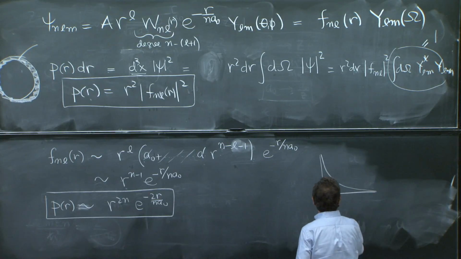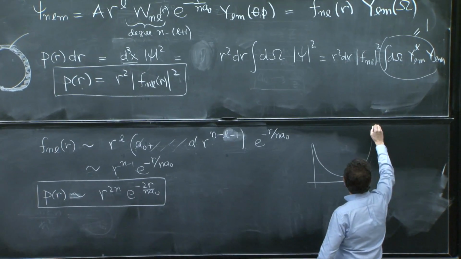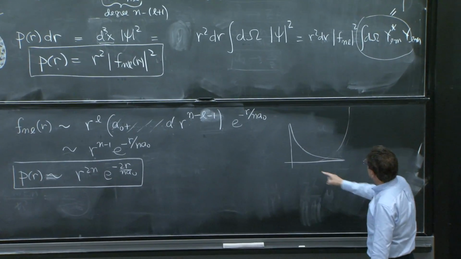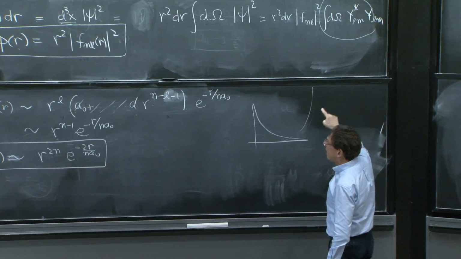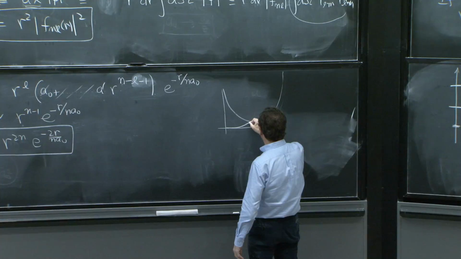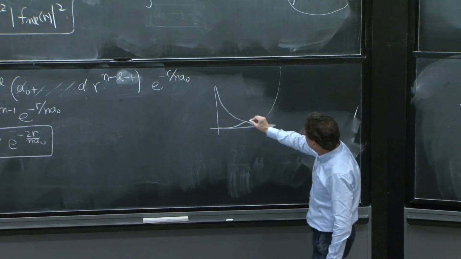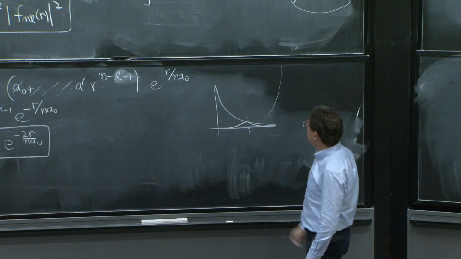So here you have a thing that just grows like that, but it takes forever to take off. And the result of this is a function that just picks up at some point over here. And we want to find the maximum.